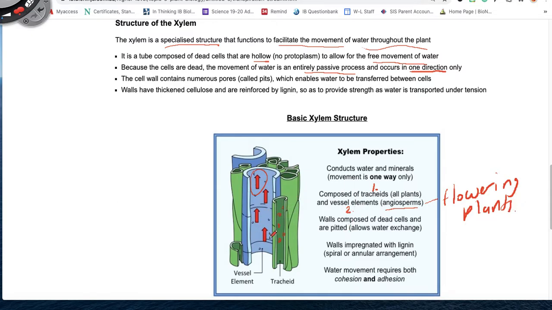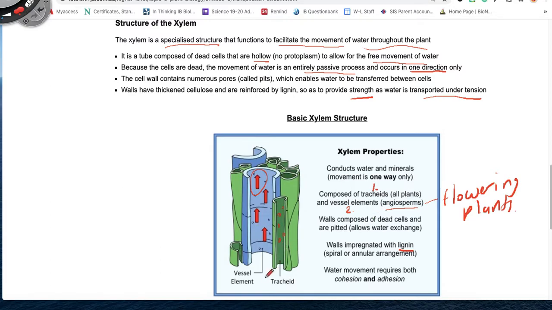Now, what else do we know about these xylem structures? We know that their walls are thickened cellulose and reinforced with lignin, which is another type of strong structure. This is going to allow for strength as the water is transported under tension.